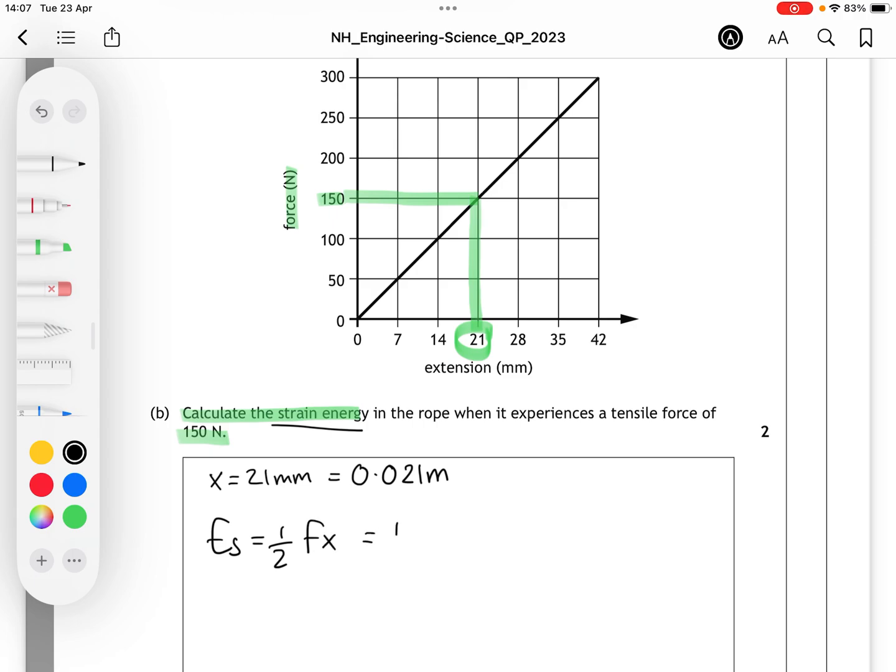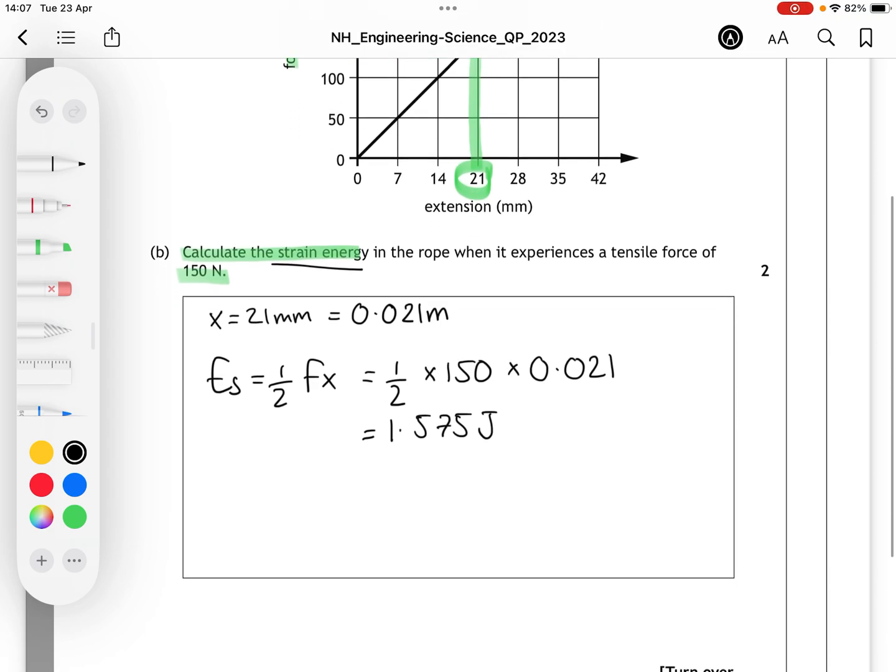So that gives us half times 150 times 0.021. And that gives us 1.575 joules. Rounding that to two significant figures, 1.6 joules.